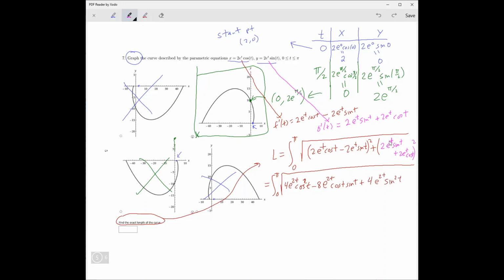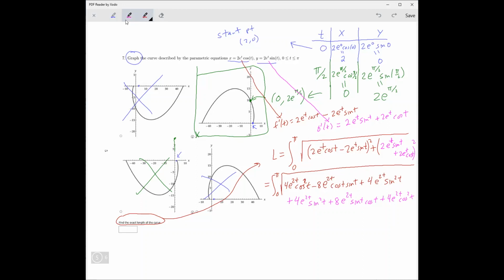And then we're going to square these ones right here. And this is going to give you the first term squared, which is 4 e to the 2t sine squared t. And then this times this and doubled it is going to be 8 e to the 2t sine t cosine t. And then this one squared is going to be 4 e to the 2t cosine squared t.